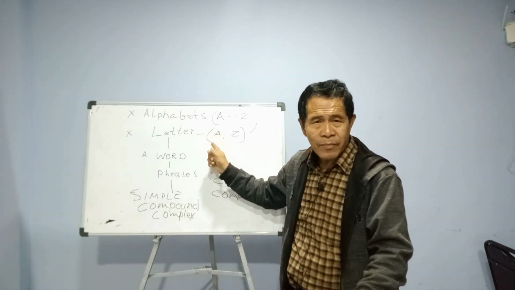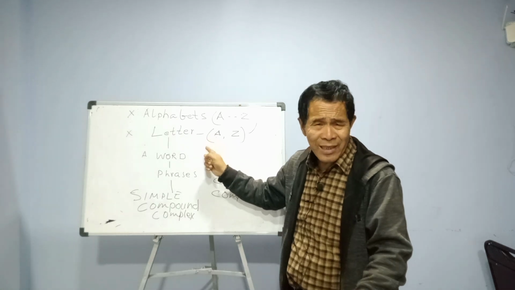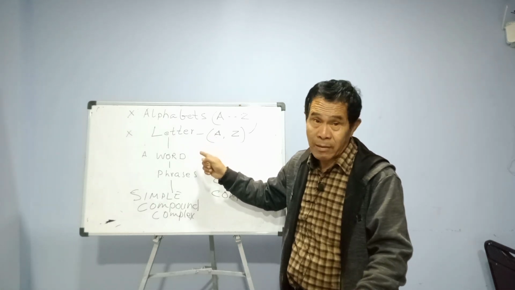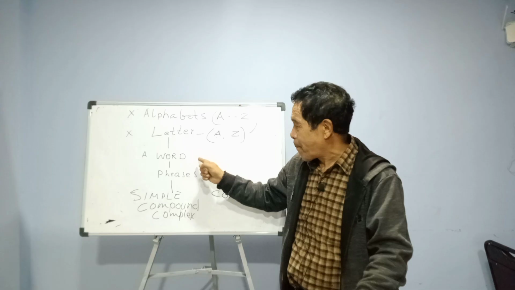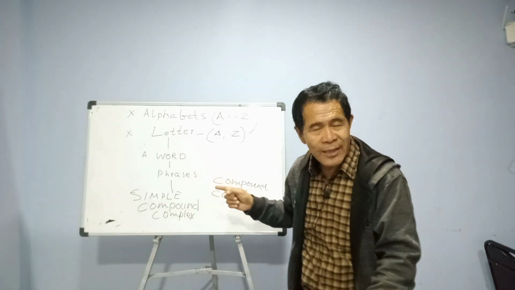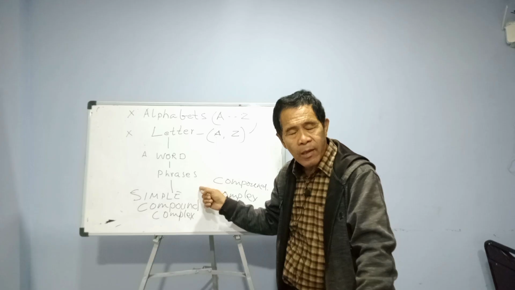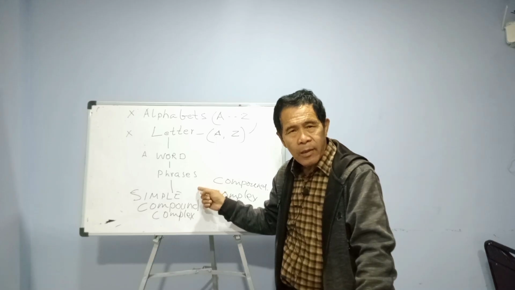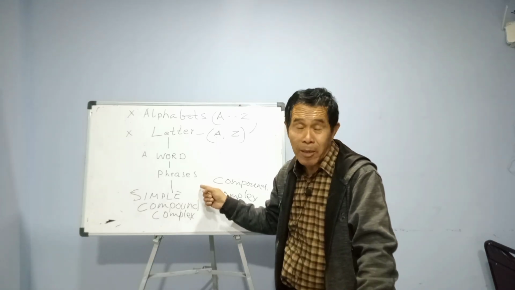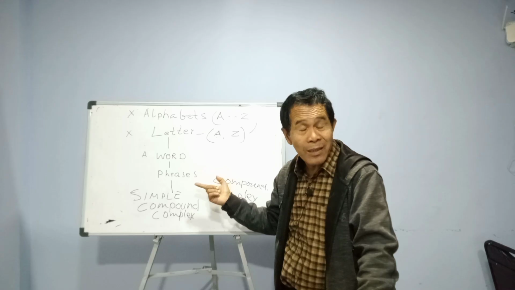A letter, one letter or two, but it has to give meaning. Now the next one is phrases. It's a group of words, but it gives incomplete meaning. I've already said, on the table.